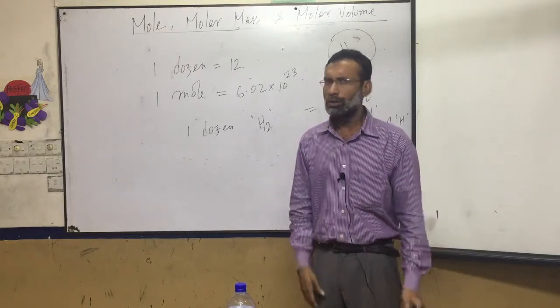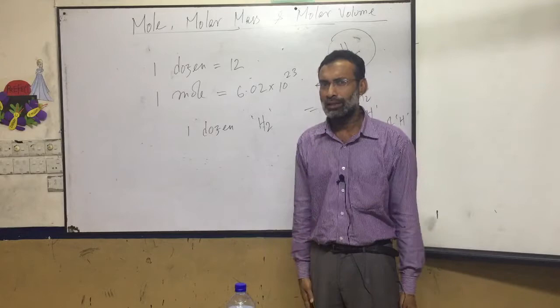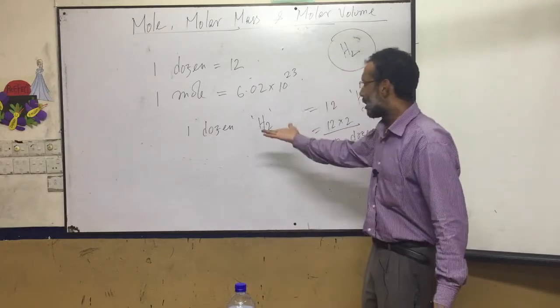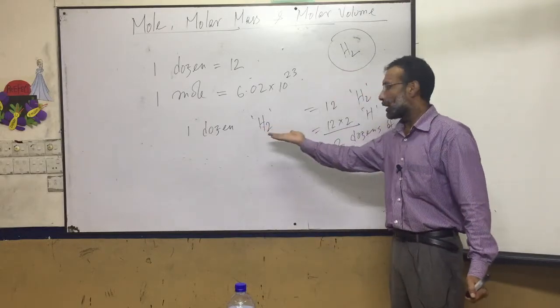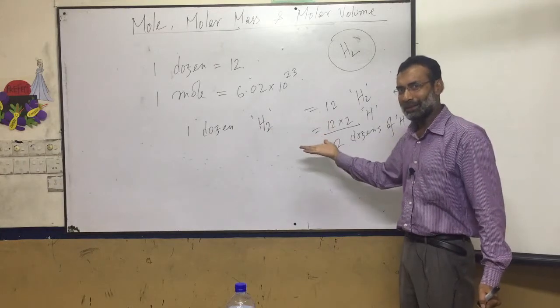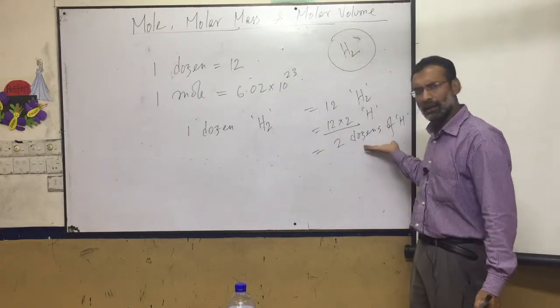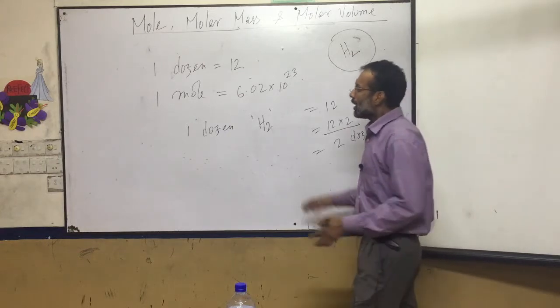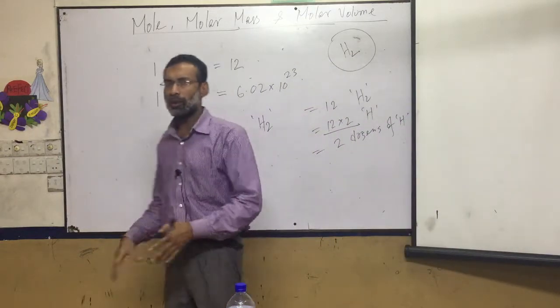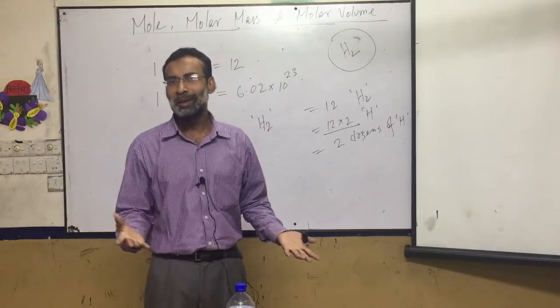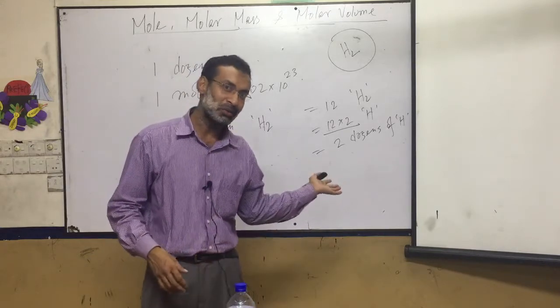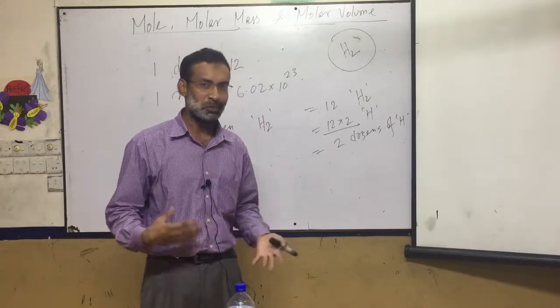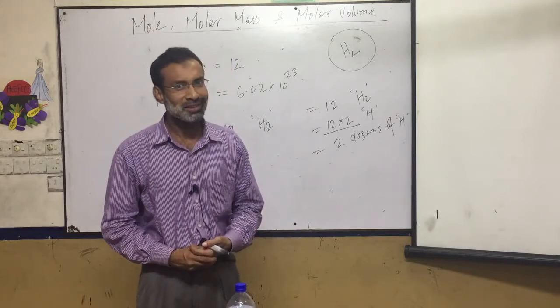Is there any problem? No, it's natural, it's normal. So what's wrong here? When I write 1 dozen H2 equals 2 dozens H, is there any problem? There shouldn't be. We already know this, but we're going to use this concept to understand more.